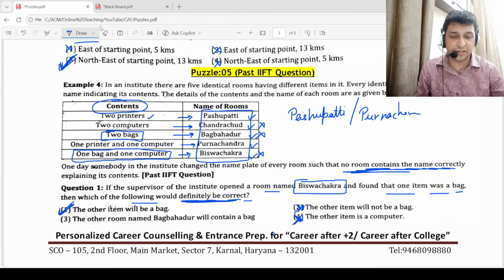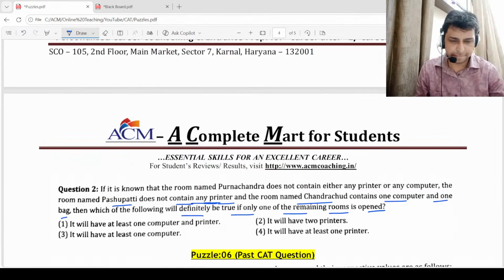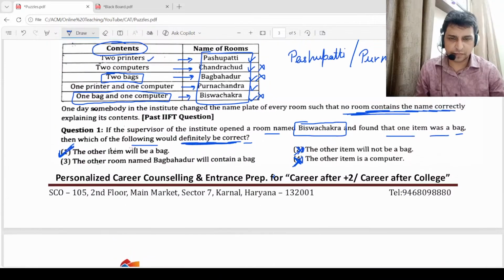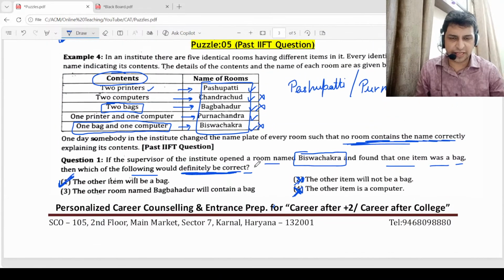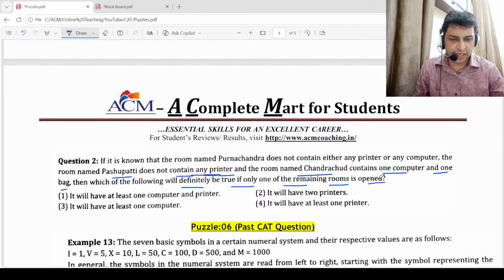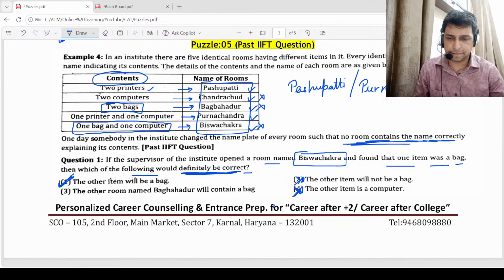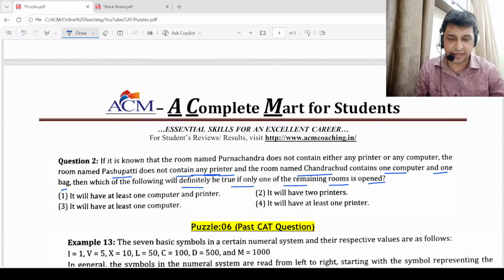Now, what is definitely true? It will have at least one computer and printer. Now, Pashupati does not have a computer, so we can't say that. It will have two printers. Now, Purna Chandra does not have two printers. It is also not that.